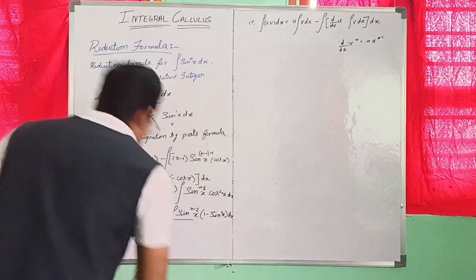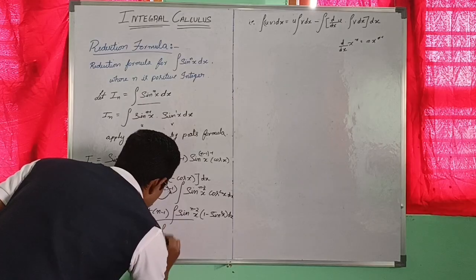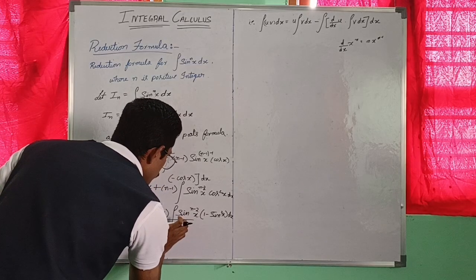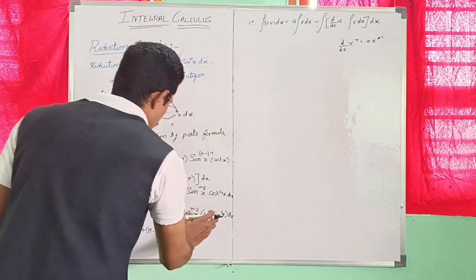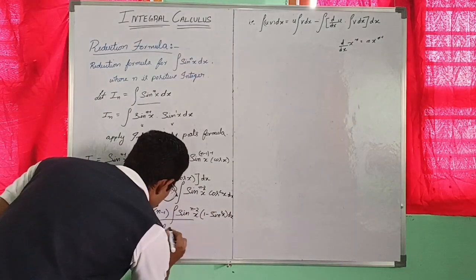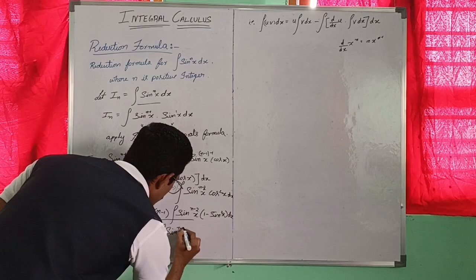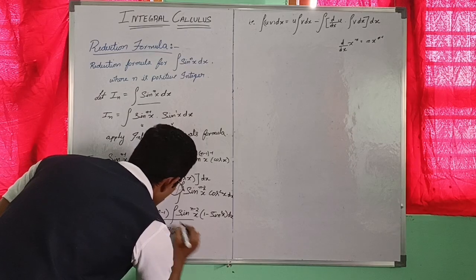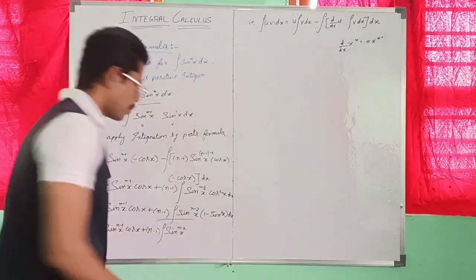Let us multiply this whole term by 1. When we multiply by 1, it remains the same. So we get n minus 1 integration sine power n minus 2 x, with a plus here and a minus here.